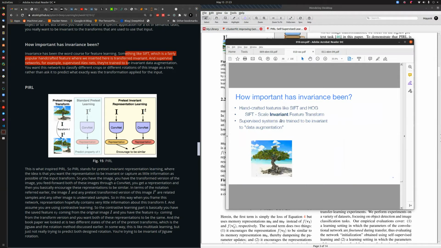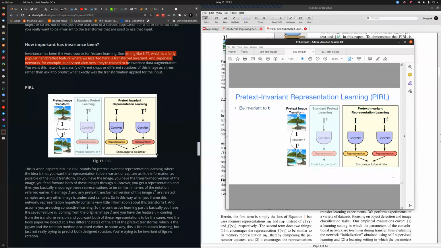Scale invariant feature transform, like SIFT and HOG or the Haar based methods, which are trained to be invariant to different transformations, which can make those downstream tasks a bit faster. So yeah, or might help in the improvement across the particular task.